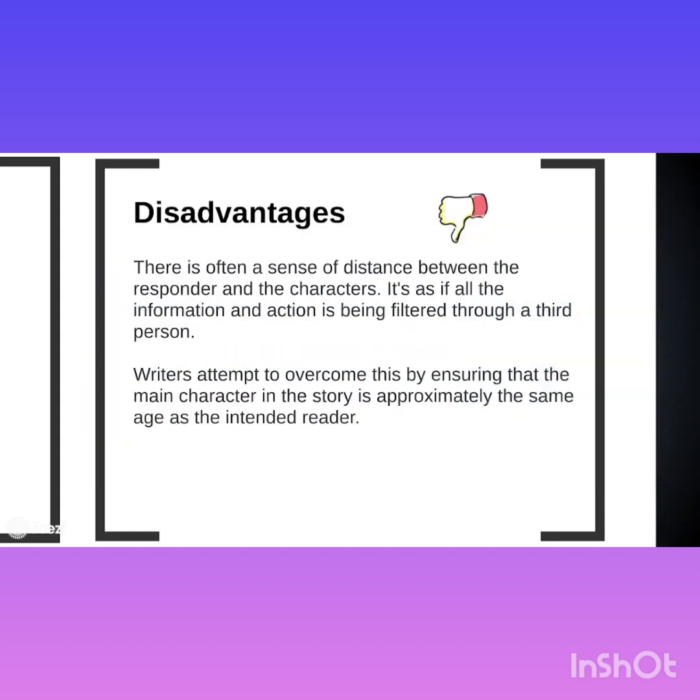But there's also a sense of distance between the responder and the characters. It's as if all the information and action is being filtered through a third person, which is, in a sense, exactly what is happening. Writers attempt to overcome this by ensuring that the main character in the story is approximately the same age as the intended audience.